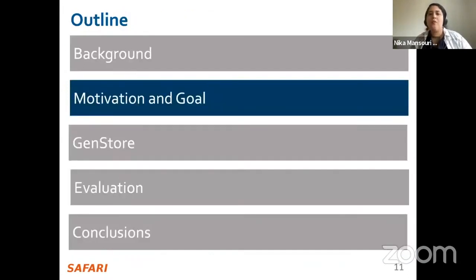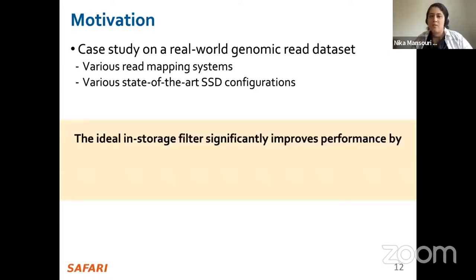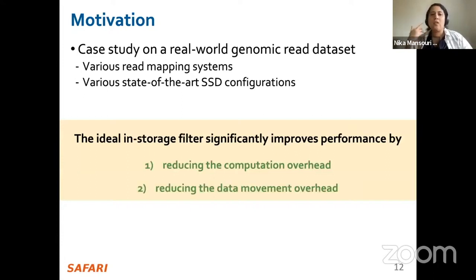We perform experimental studies in our work to understand the potential of efficient in-storage filters for improving read mapping performance. We perform a case study on real-world genomic read datasets on various read mapping systems and state-of-the-art SSD configurations, and we make several observations. First, the ideal in-storage filter significantly improves performance by reducing both data movement overhead and computation overhead.